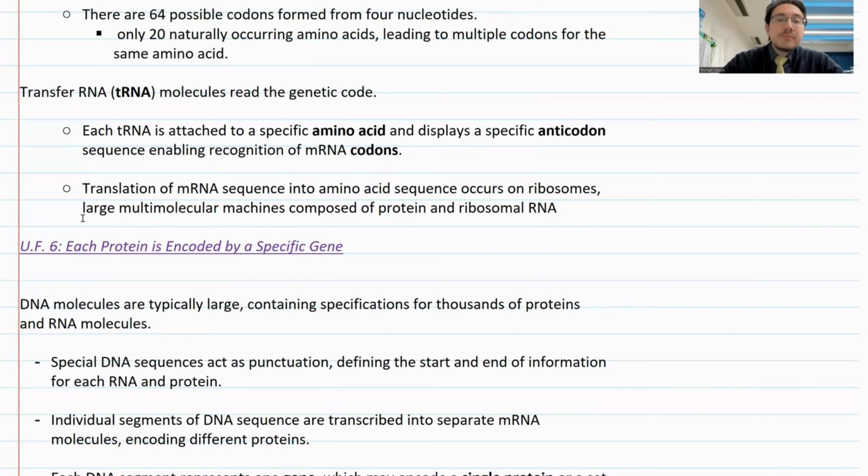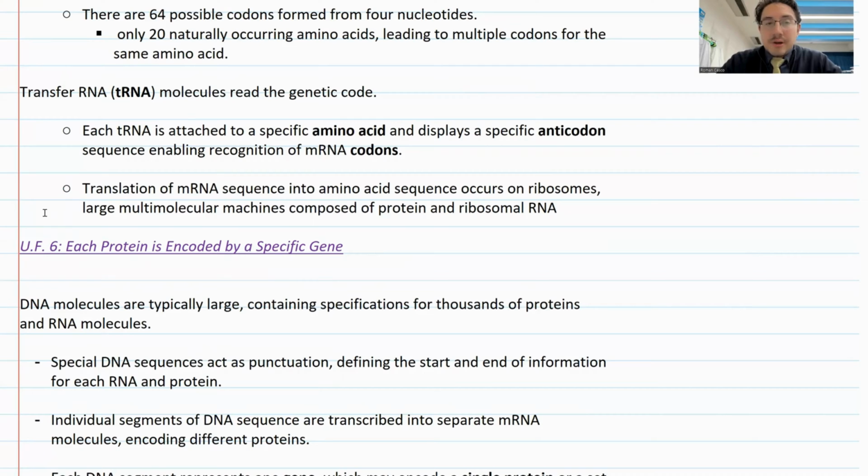So depending on the sequence of mRNA, you're going to get a particular tRNA that brings in a specific amino acid, and these amino acids will start chaining up, binding together to make one sequence of amino acids. That's essentially the process of translation.